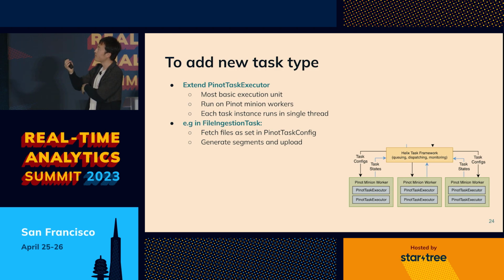At the end of the execution, it will also report the task states back to Helix. Helix will track those task states, and later the generator can look into them to decide if any task ran into failure and try to do some failure handling. So those two major interfaces are where you decide how to break down the work, and how to run those individual pieces in parallel.